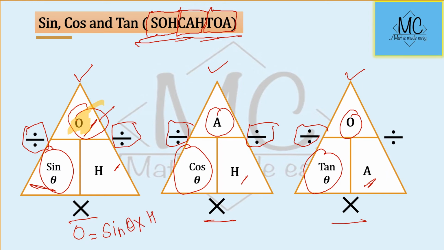But similarly, if I have to find my angle, then my formula will be cos theta equals a divided by h. So these two values are dividing with each other, whereas here my angle and my side are multiplying with each other. So you need to remember which sides are dividing and which sides are multiplying with each other.